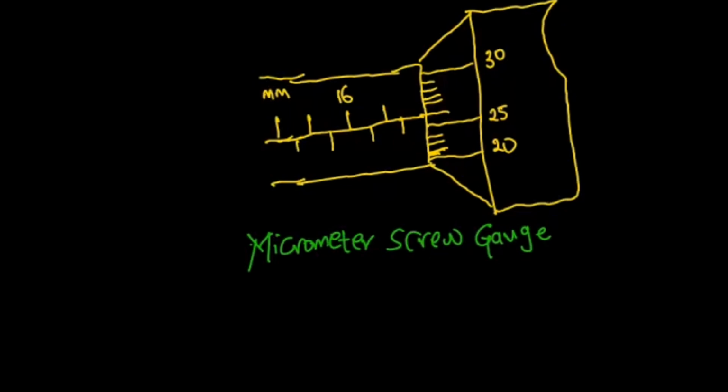If you take a good look at this measuring instrument, we have what we call a main scale, just like the vernier caliper, and then we have the vernier scale again. So both instruments have a main scale and a vernier scale. So how do we read? Reading this one is quite similar and also different from the vernier caliper.